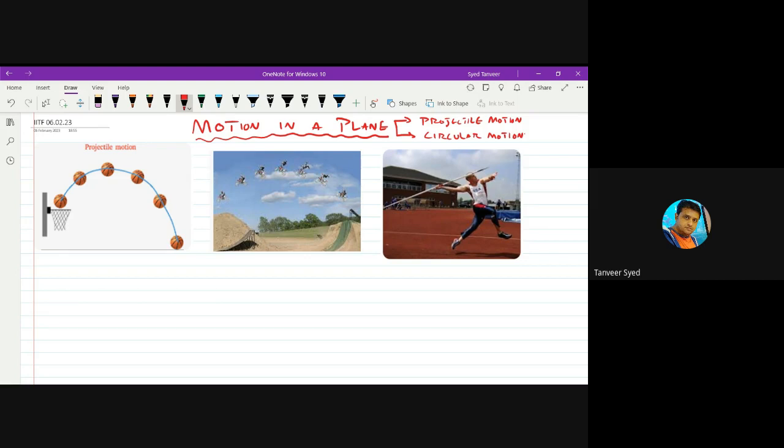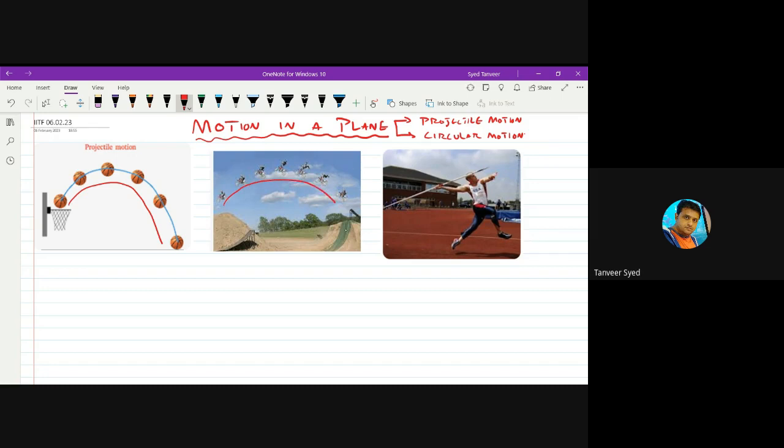Okay, right. Let us take projectile motion first. These three situations that you see here, everyone might have seen in real life, daily life. If you are throwing a basketball into the ring, the path followed by the ball will be like this. Or if this biker is doing a stunt, he is going in this path.